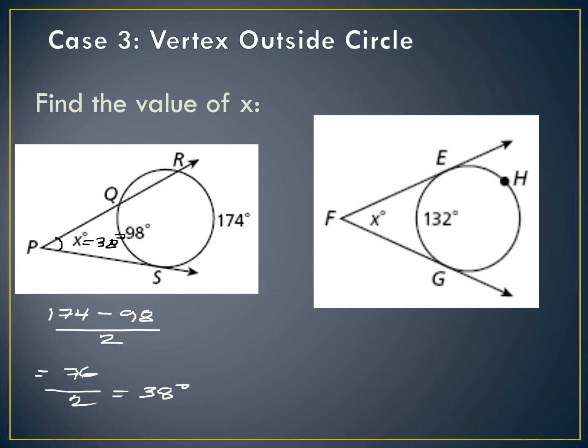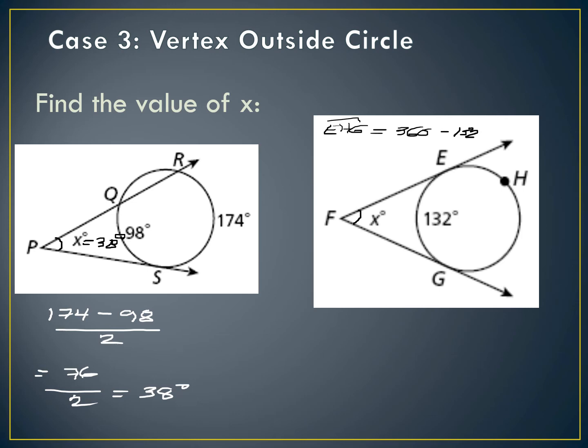On the other side naman, sa kabilang banda, dito sa kabilang figure, we need to solve for angle F, yung measurement ni angle F natin. So, since ang given natin is yung EG, and wala tayong measurement ni EHG, to solve for arc EHG, that is equal to 360 minus 132, yung measurement ng ating EG.